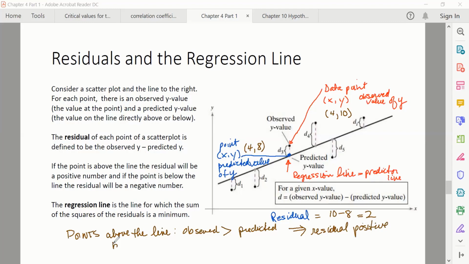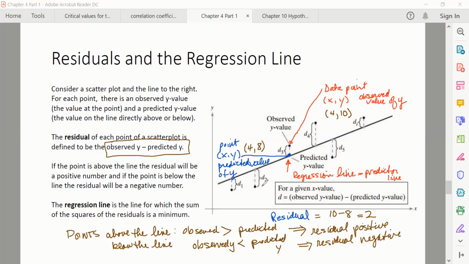And for points below the line, the observed y is less than the predicted y, so the residual would be negative. At the end, we're going to go through a whole example with all these pieces together. The way people usually remember the residual is observed minus predicted: observed y minus predicted y.